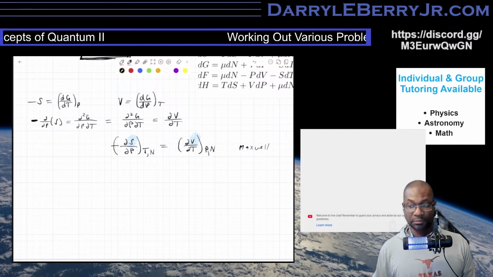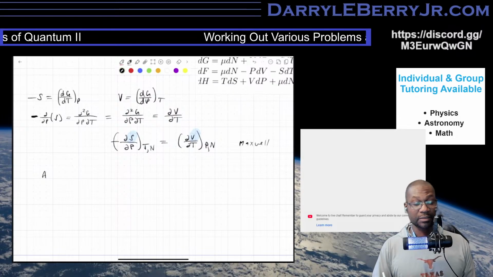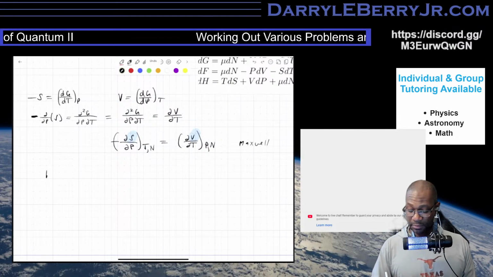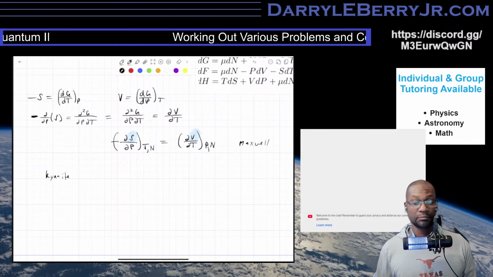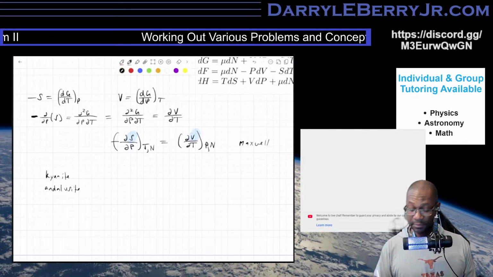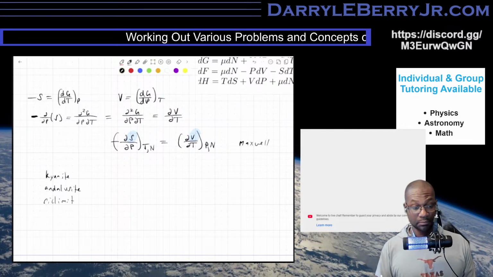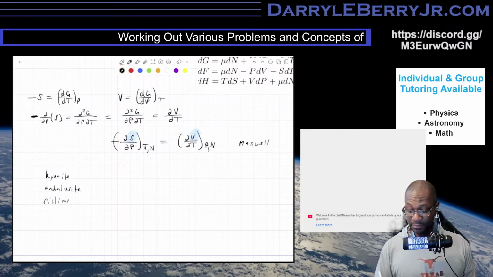The next one is a bit more complicated. So we have three elements: kyanite, andalusite, and sillimanite.